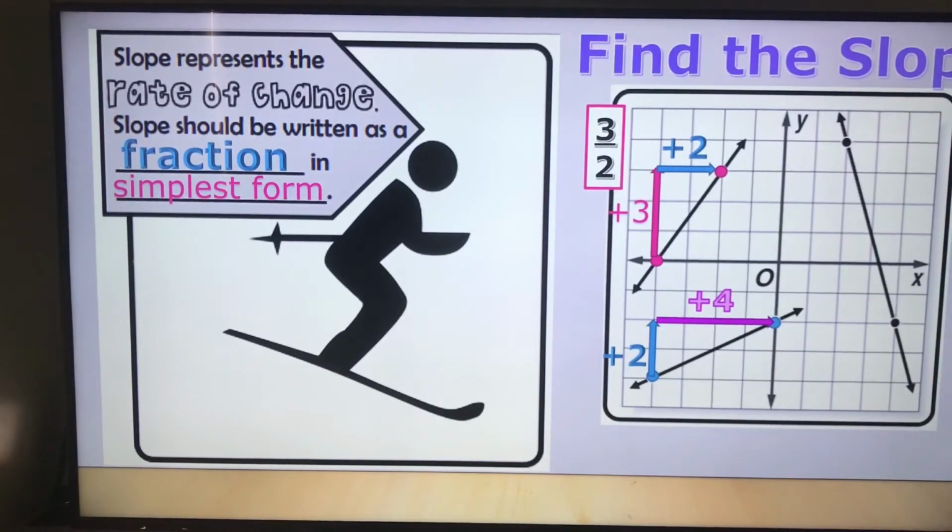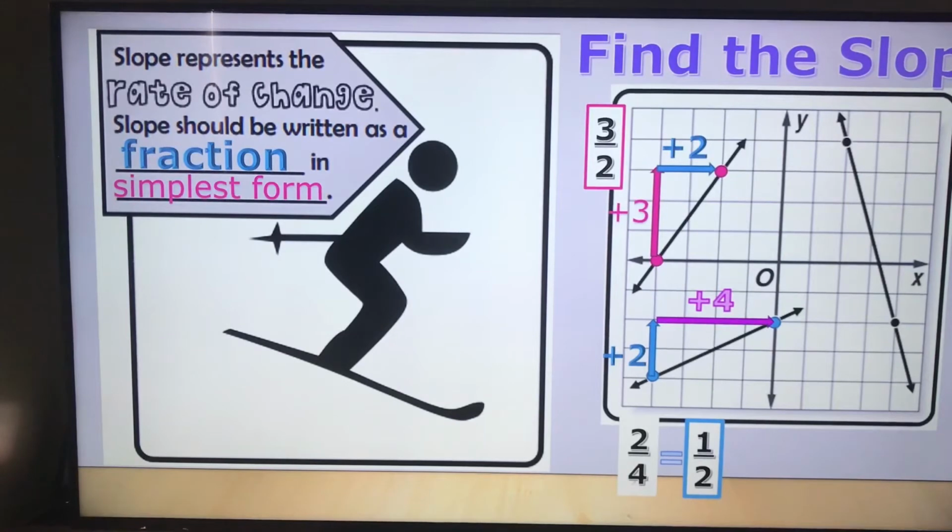It's going uphill. So I put the change in y over the change in x, and I get 2/4. Okay, but guess what? Go back and look at my instructions. It said in simplest form. So 2 over 4 can be simplified to 1/2. You must always simplify a fraction.